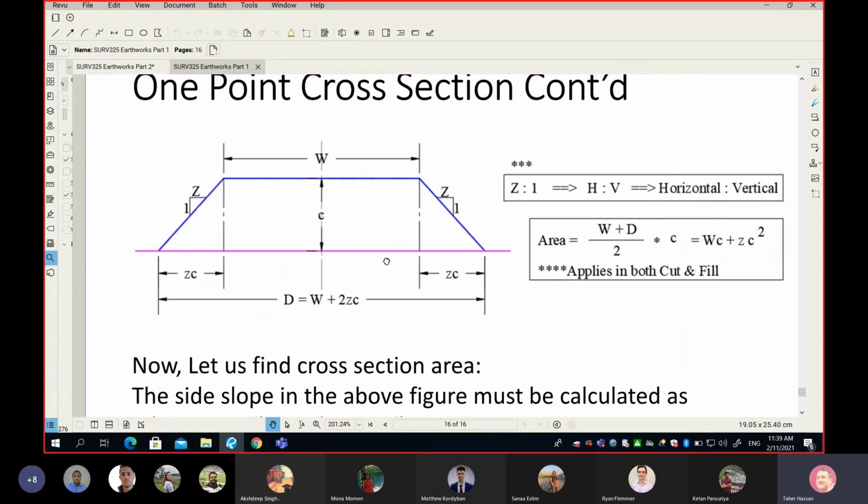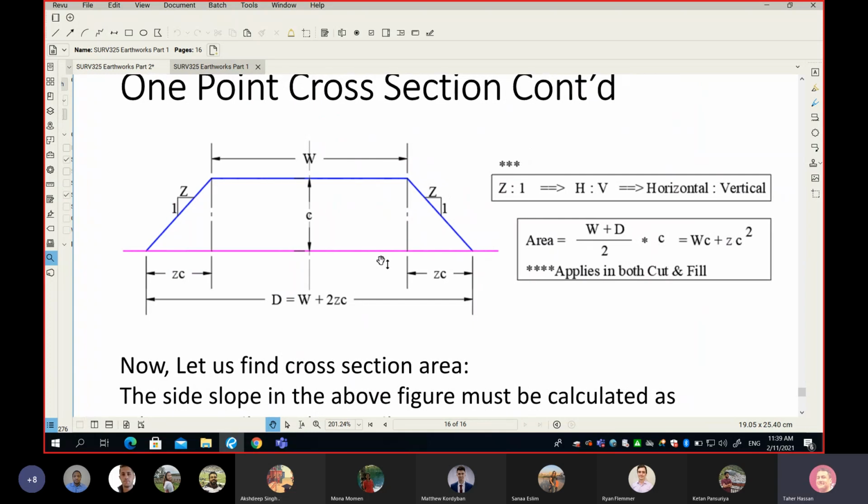Remember, I came up with this equation, the cross section multiplied by C plus ZC squared, because I said that this shape here is a trapezoidal shape, and this trapezoidal shape has an assumption. Remember, I was given the existing ground at the center line.